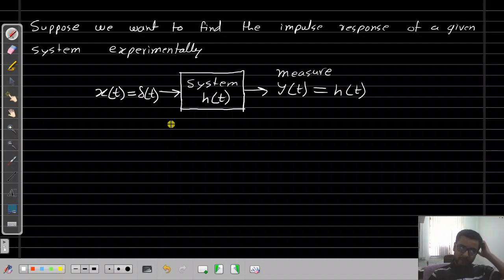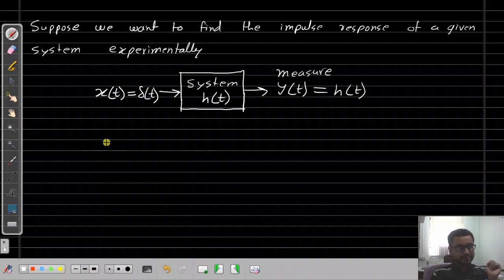However, there is a problem. The problem is that in laboratory you cannot get ideal impulse signal, because this is ideally very narrow, very tall, infinitely narrow. That idealistic situation is not possible. We can get some approximation. We can work with a very tall but very narrow signal. But there is another way out, another solution. That is like this.